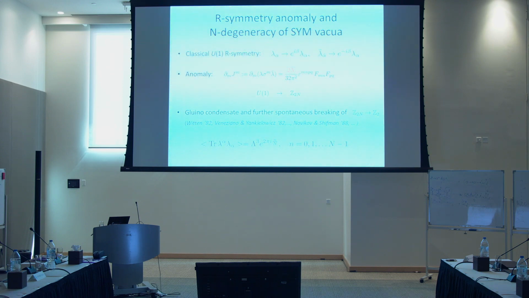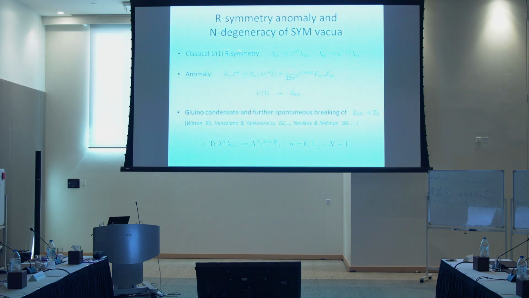Now, let me remind quickly what's going on with the vacua of this theory and with the fate of R symmetry. So at the classical level, this theory has the R symmetry.